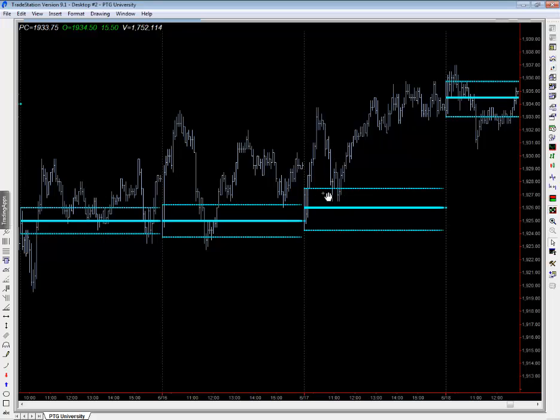Ultimately it retraced, and then we would be expecting and anticipating that opening range to find support. So we would be looking to take long positions in an example like this on this type of retracement. Okay, so again, the opening range 5-minute high-low midpoint is a core component of our opening range strategy.